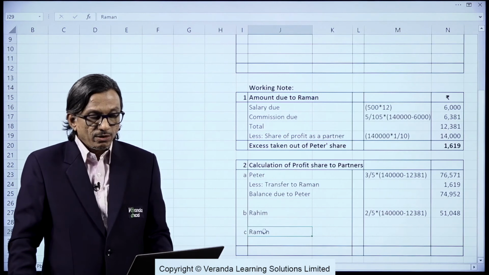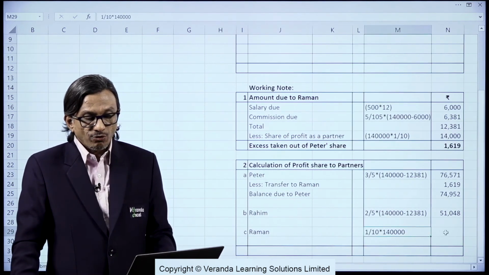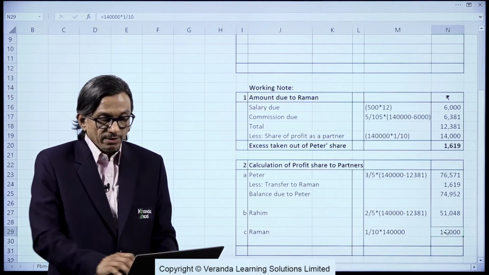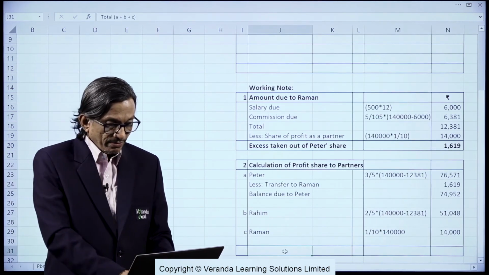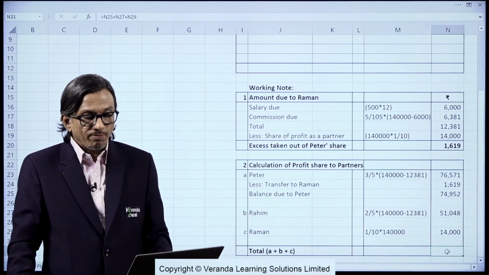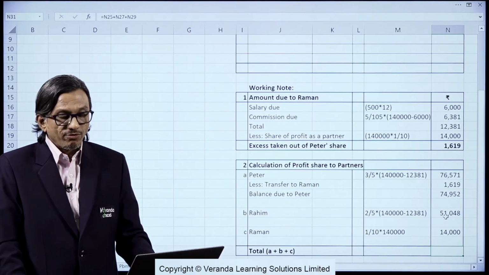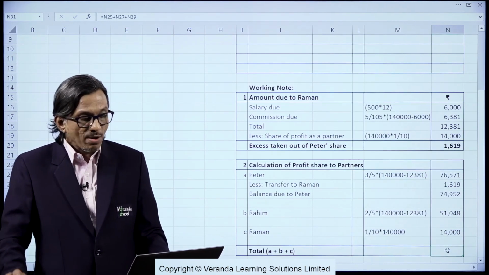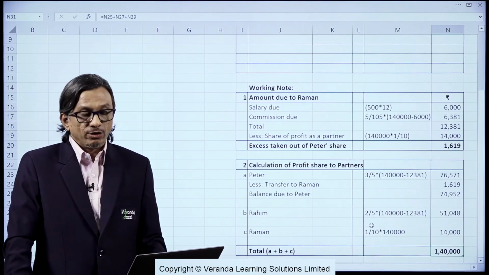He will get 1/10 of 1,40,000, that is 14,000 rupees. So therefore, the total profit of 1,40,000 is distributed to the partners in this manner. To Peter, 74,952, to Rahim, 51,048, to Raman, 14,000. So this is how you distribute the profit to the partners.